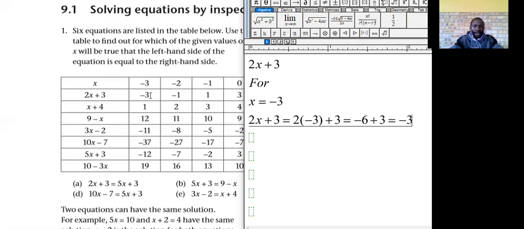Now, if x equals -2, substituting -2 inside here would give us 1. Substituting -2 inside here would give us 2. Substituting -2 inside here would give us 11. We have the whole set, basically, of everything.